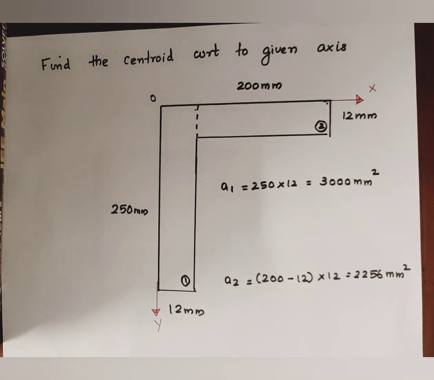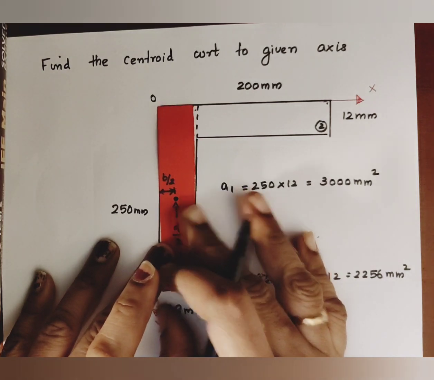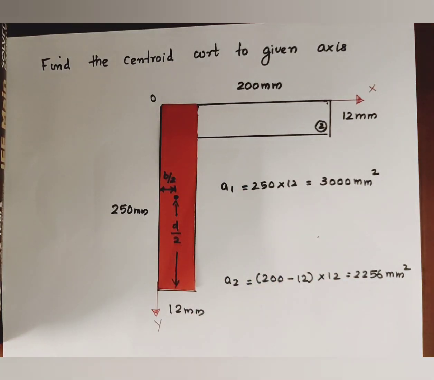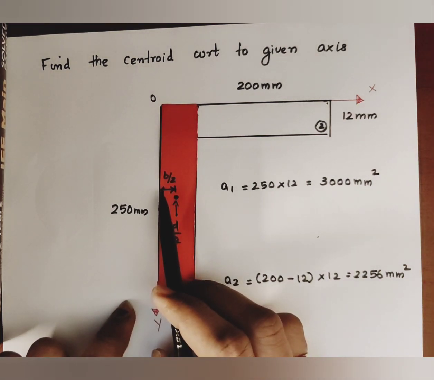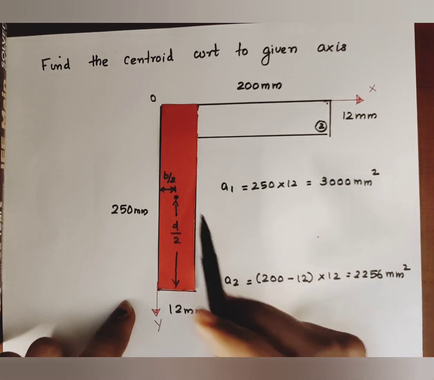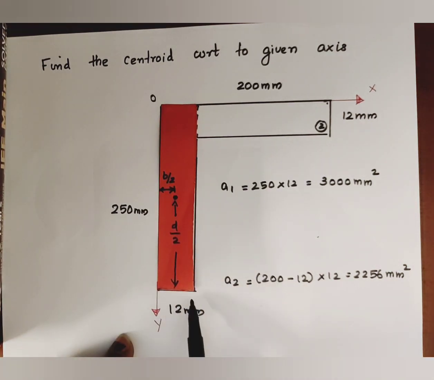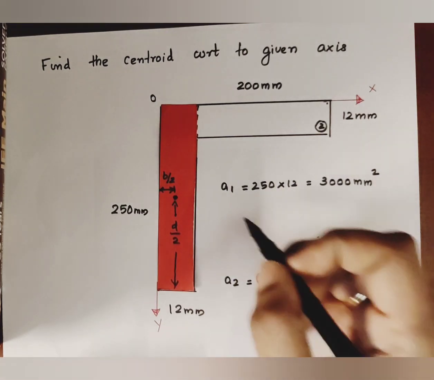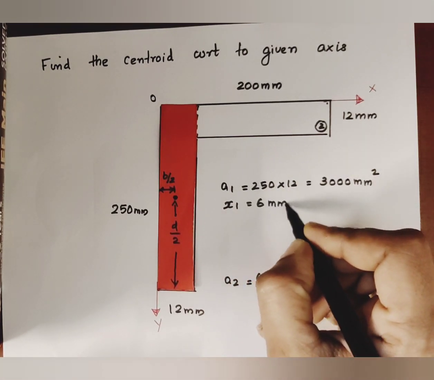So now the next step is you have to write the centroid. So you have to place a rectangle like this, and you are measuring the x coordinate with respect to this OY axis. So that is equal to b by 2. So base width is 12. So 12 by 2. So x1 is equal to 6 millimeter.